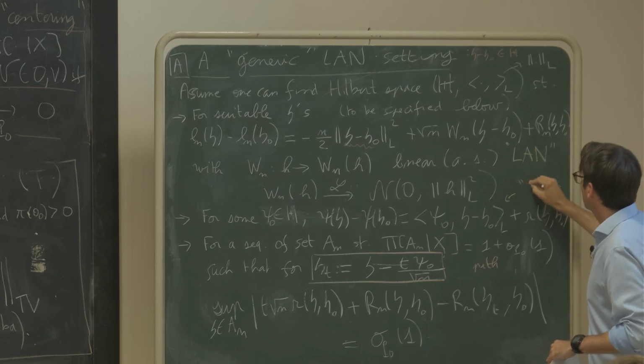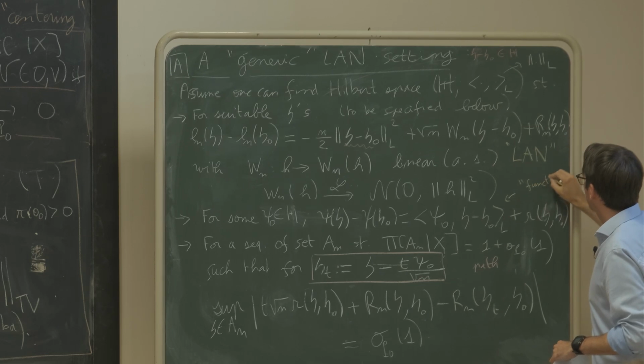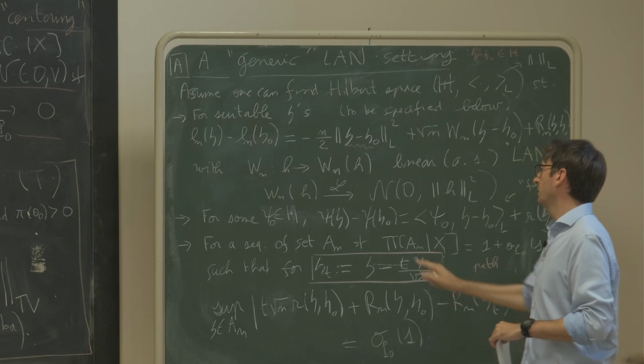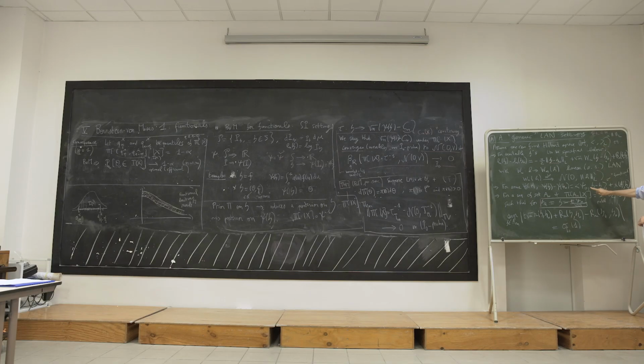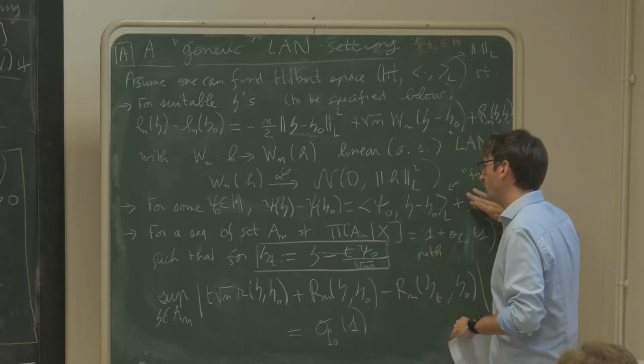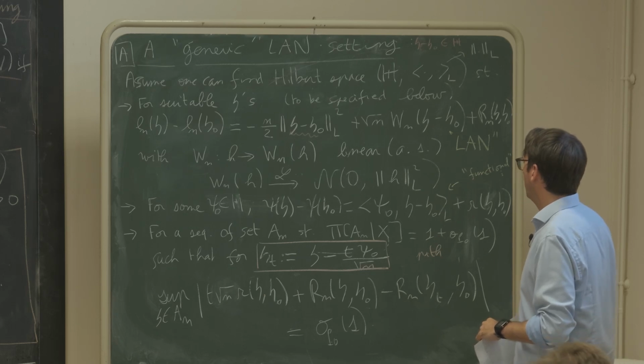This is something concerning the expansion of the functional. So for instance, if it turns out that the functional is linear in terms of this inner product, this will be 0.